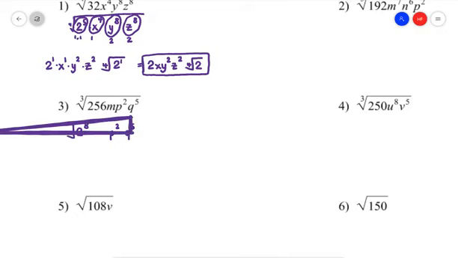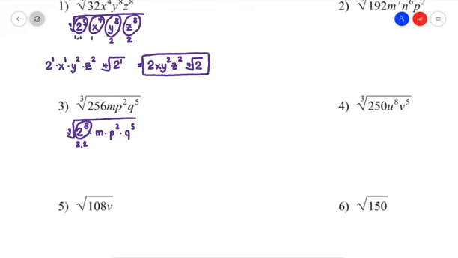So we're only going to be circling the pieces that have a power that's 3 or more. So we've got 2 to the 8th, 8 divided by 3 is 2 with a remainder of 2.